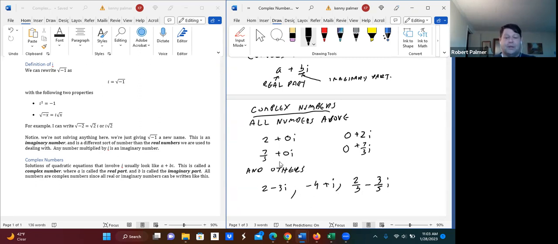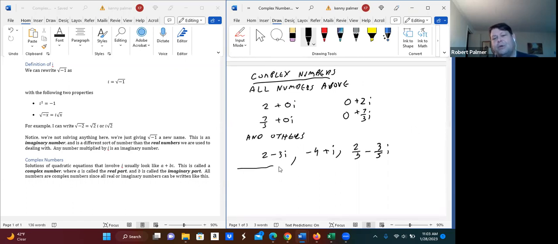Sometimes we only have just the real part or the imaginary part, where the other part is 0. But these are all complex numbers. So every number we know is a complex number, because most of the time we deal with the real ones where there's no imaginary part.